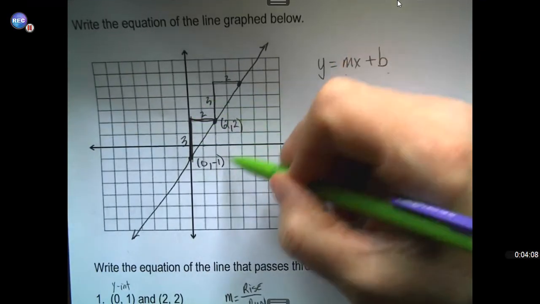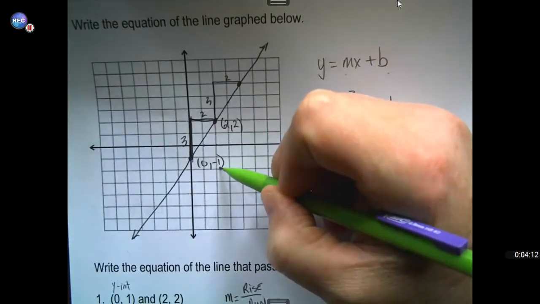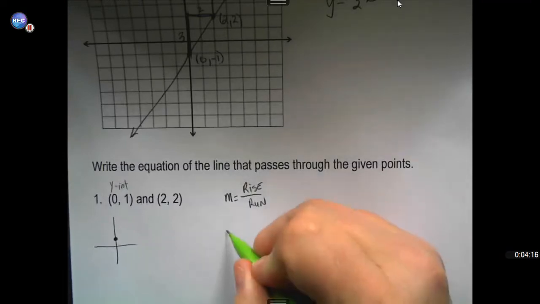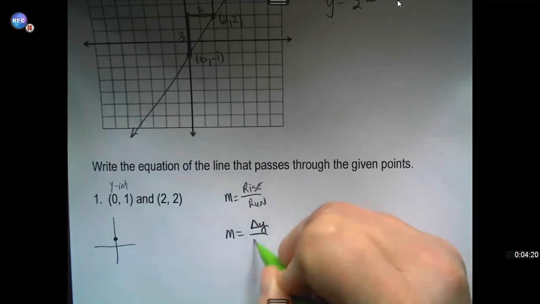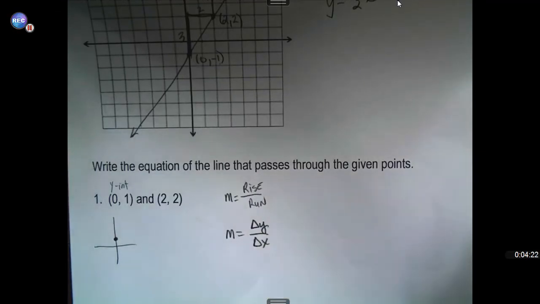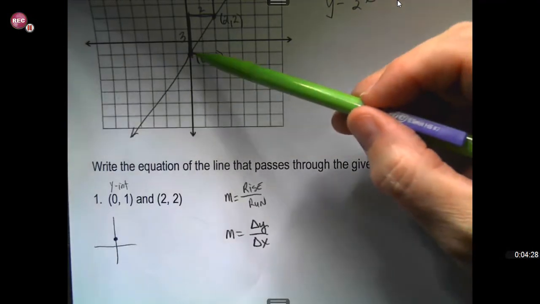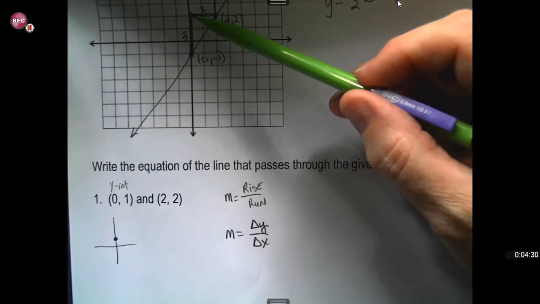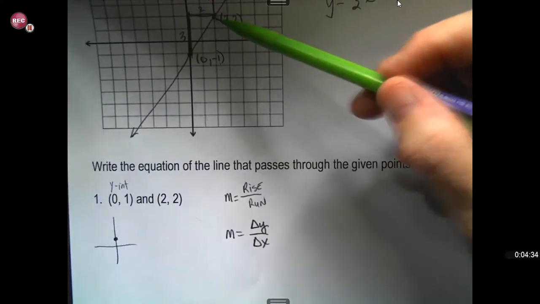Or the change in y is 2 minus -1, which is 3. And so the formula for finding the slope of the line is the change in y over the change in x. Where did I go? If I count from -1 to 2, I count 3. If I count from 0 to 2, I count 2.